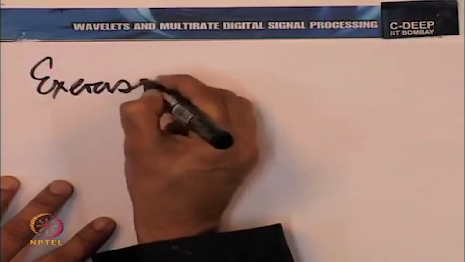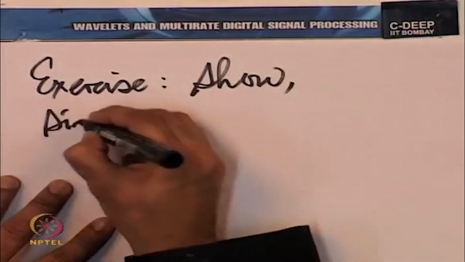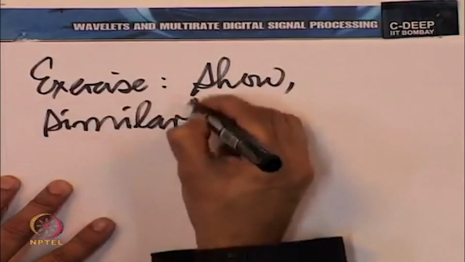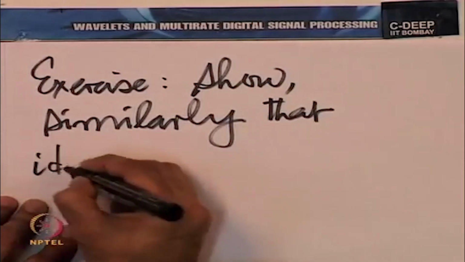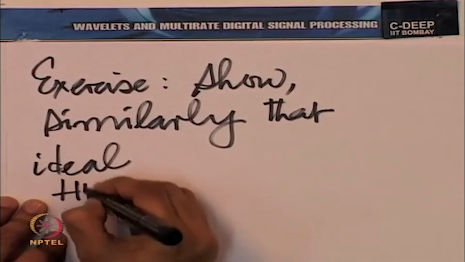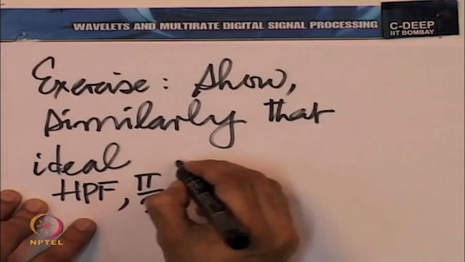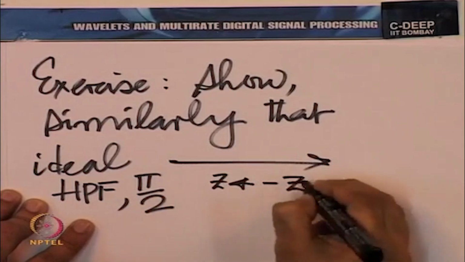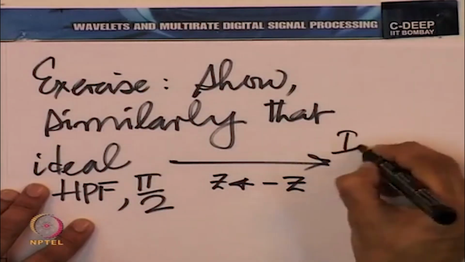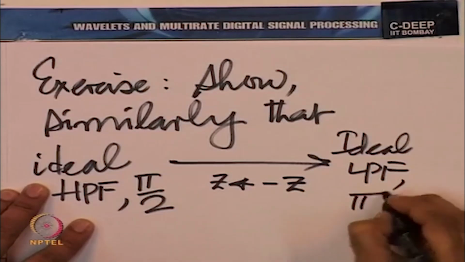Exercise: show similarly that an ideal high pass filter HPF with a cutoff pi by 2, on replacing z by minus z, becomes an ideal low pass filter with a cutoff of pi by 2.